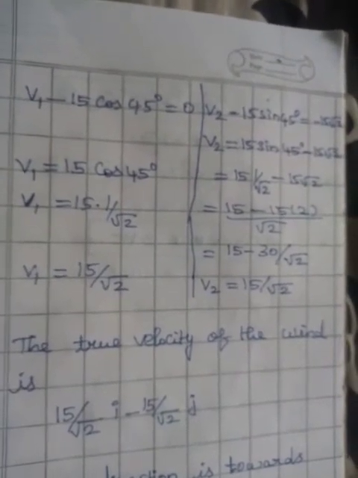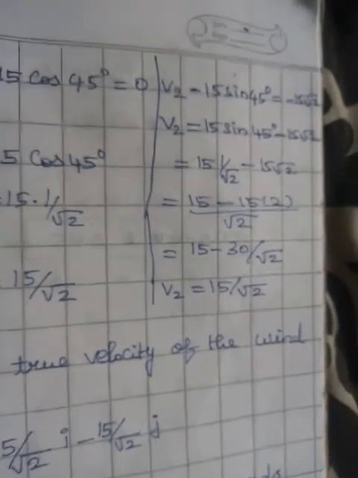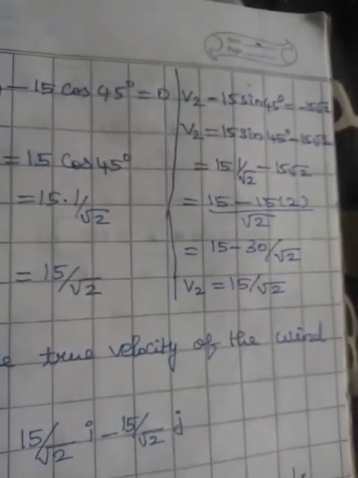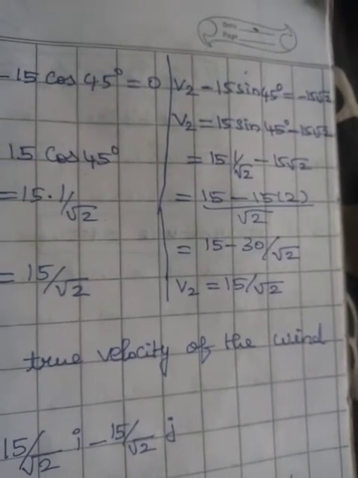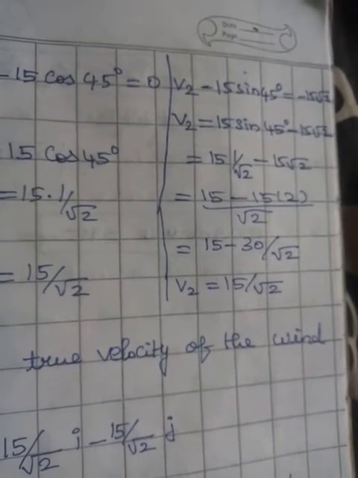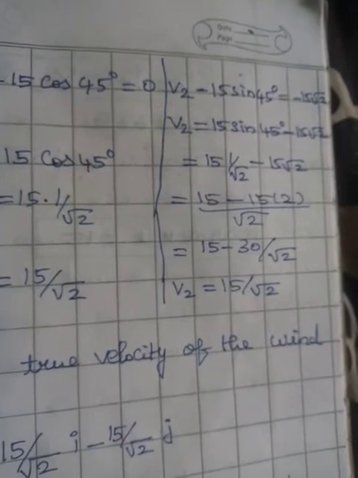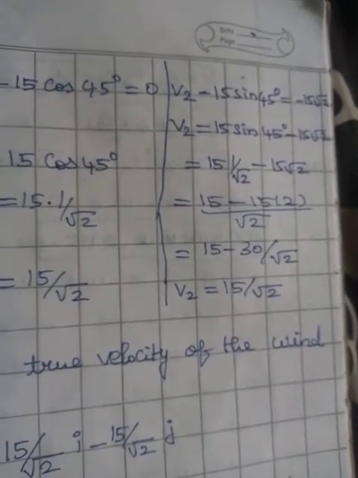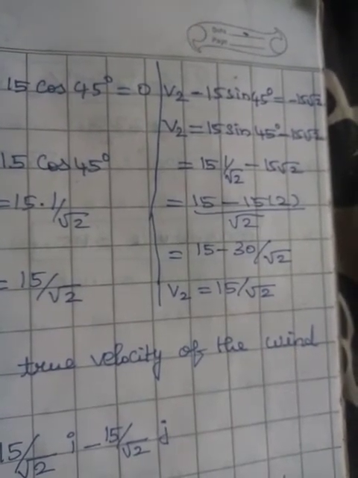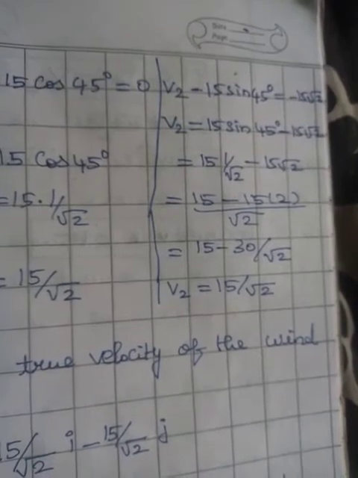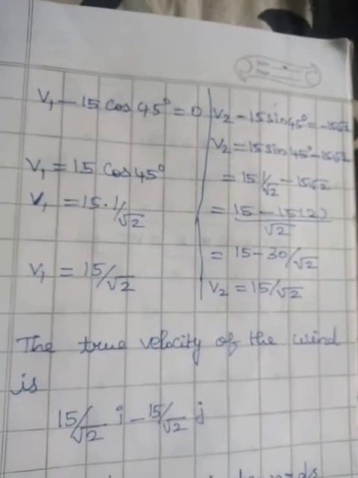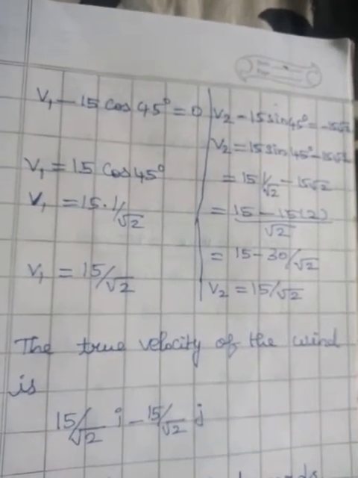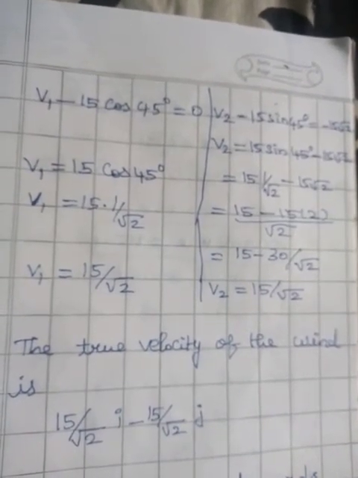So v1 equals 15 divided by root 2. v2 minus 15 sin 45 degrees equals minus 15 root 2. v2 equals 15 sin 45 degrees minus 15 root 2, which is 15 into 1/root 2 minus 15 root 2, equals (15 minus 15 into 2) divided by root 2, equals (15 minus 30) divided by root 2.